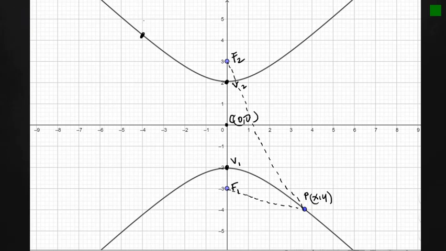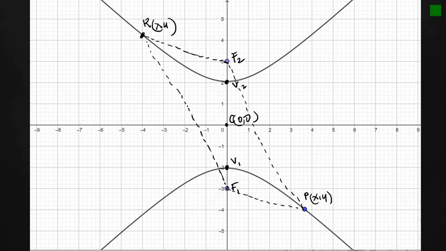Let's say this is point R with coordinates (x, y), and from R to F sub 1 and R to F sub 2. If we take the difference of these two segments, it would also be equal to the same constant.